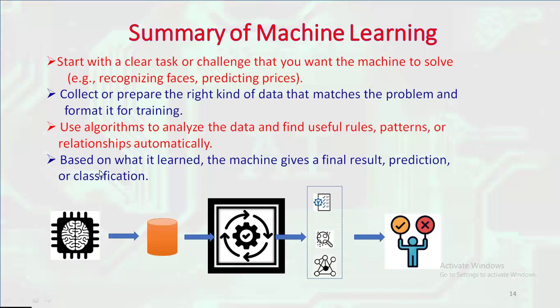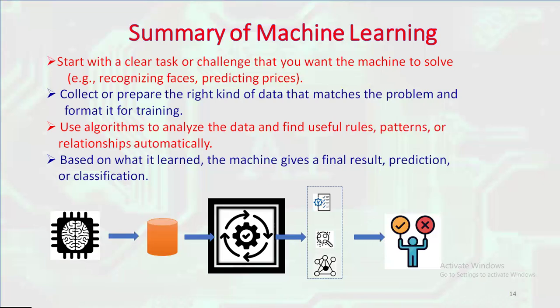And finally, once the learning phase is complete, the trained model can be used to produce outputs when given new, unseen data. If you are feeding the unseen data into the computer, it will compare it with the trained data. For instance, it might classify an email as spam or not, predict tomorrow's stock price, or recognize a specific person in a photograph.